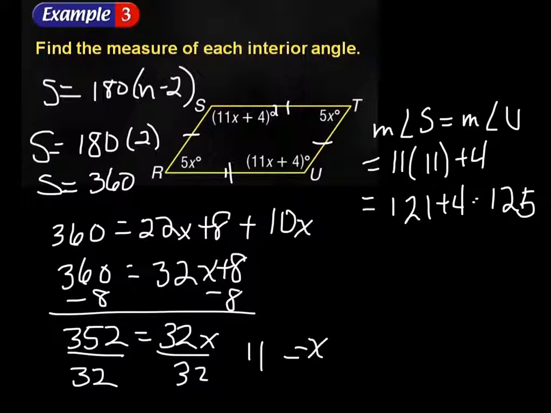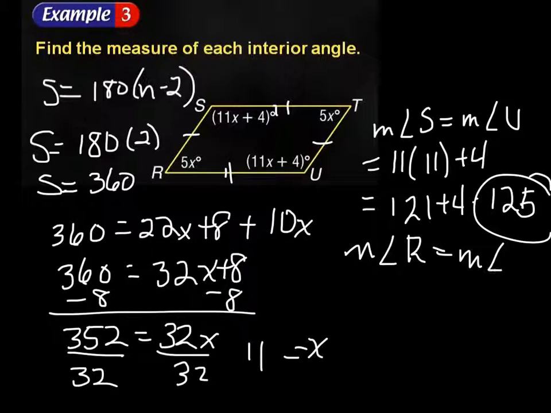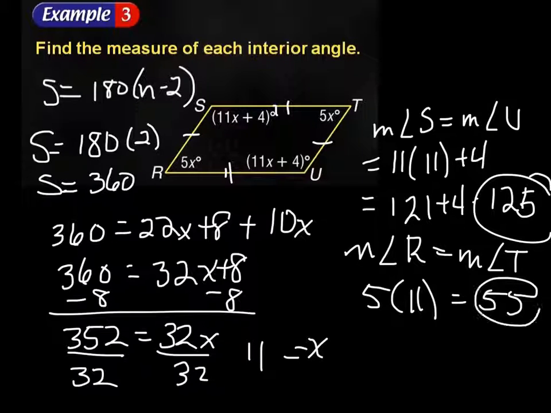And the measure of angle R, which is the same as the measure of angle T, because they're both 5x, 5 times 11 is going to be 55. And you could double check, add 125 plus 125 plus 55 plus 55, and you should get 360.